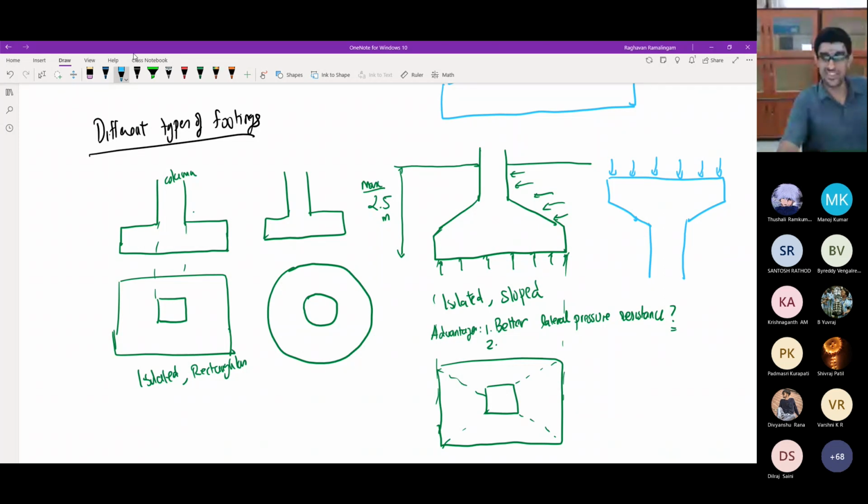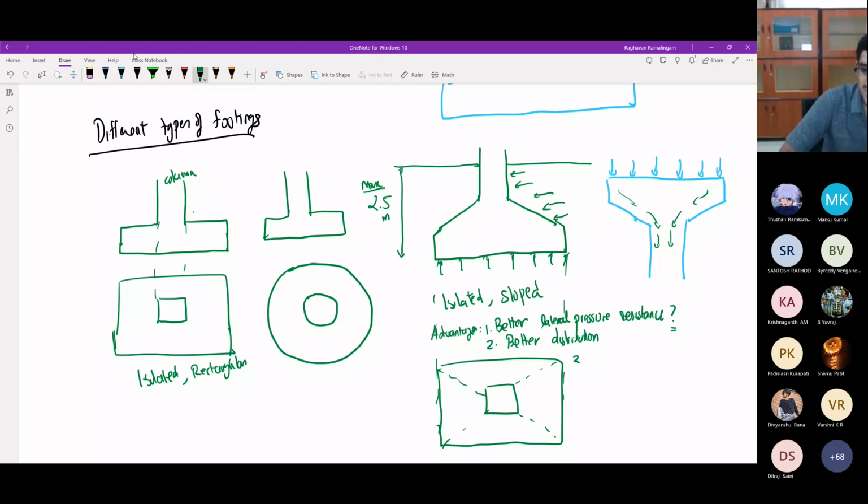Maybe the load may be distributed properly, sir, because in that column the load may not be distributed completely throughout the places, but in this the load may be distributed throughout properly. Okay, so you're saying that load will get distributed properly, it will slowly come into this part. Better distribution.